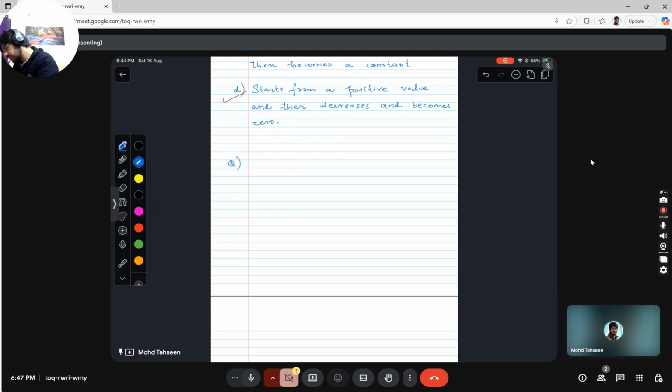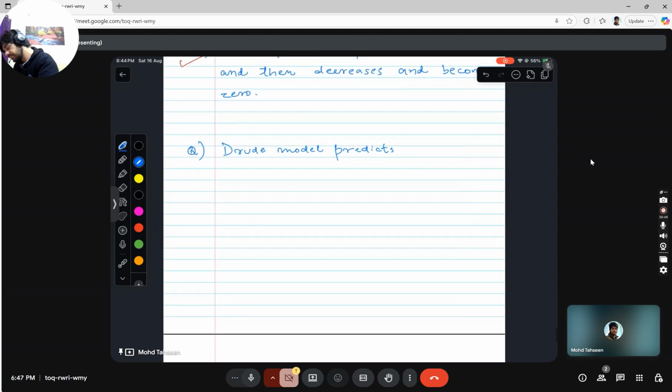Question: Drude model predicts several properties correctly because: A, there are no errors in the model.